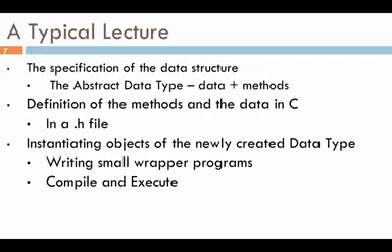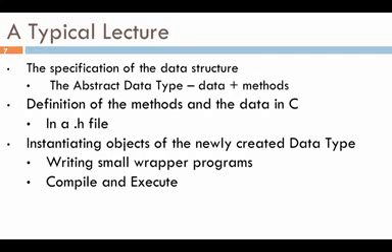For example, you may say that your data type has 5 integers, 5 characters, and apart from the abstract data type, we will also maintain or describe the access methods associated with this data structure.